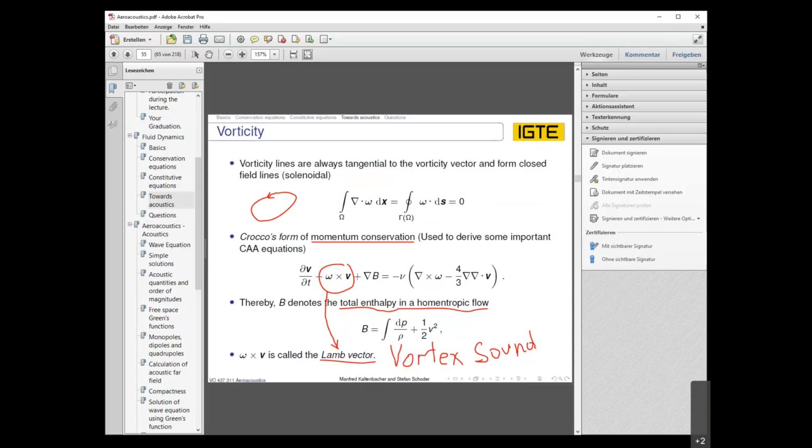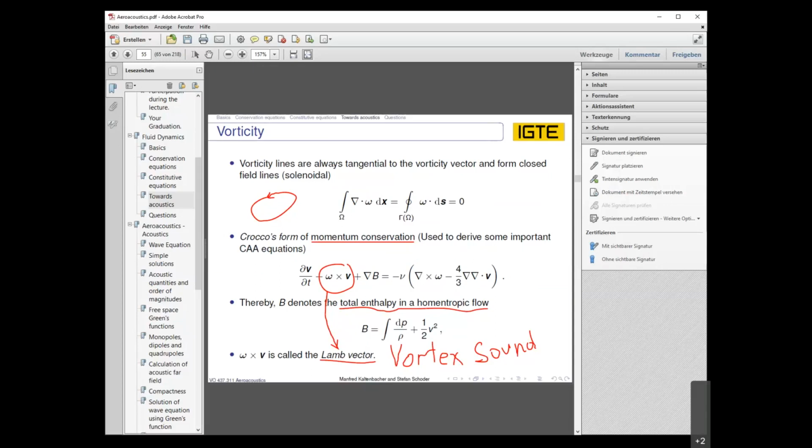There is a direct relation: if the magnitude of the lambda vector increases, then you have more sound due to the vortices. Okay, thank you. Yeah, that's the first message of the story.